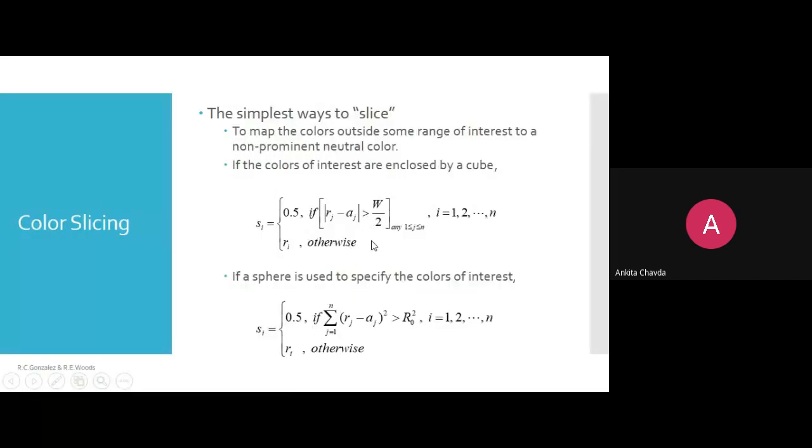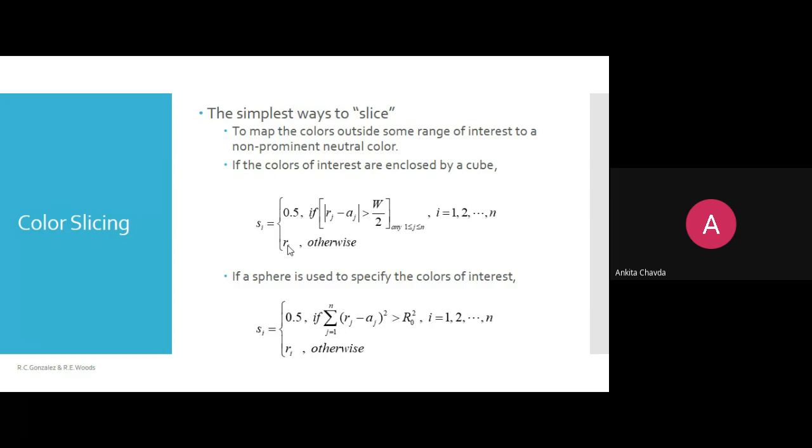So if Rj minus this Aj is greater than W by 2, then you are making it 0.5 only. That is your color of interest. And if it is not, then it is simply the same as your Ri. So Si equals Ri.